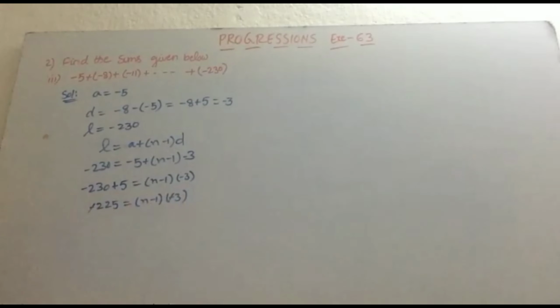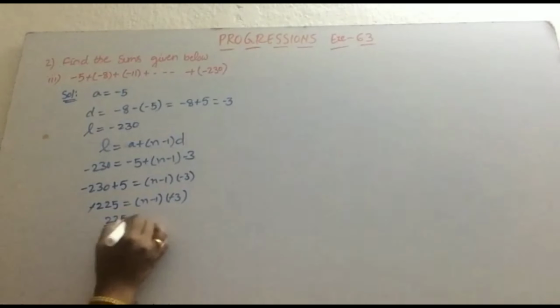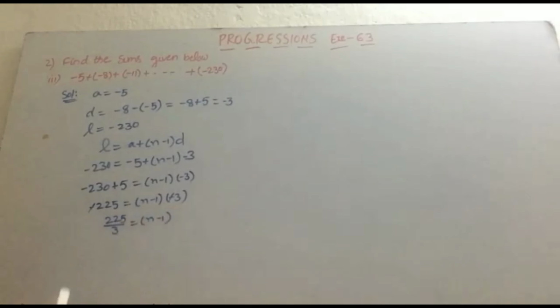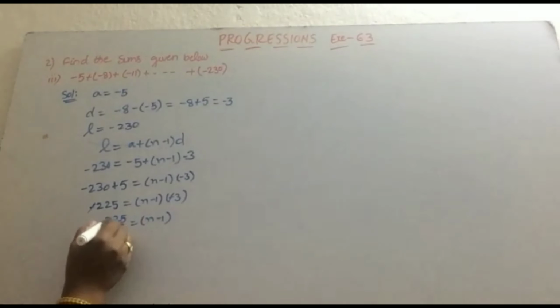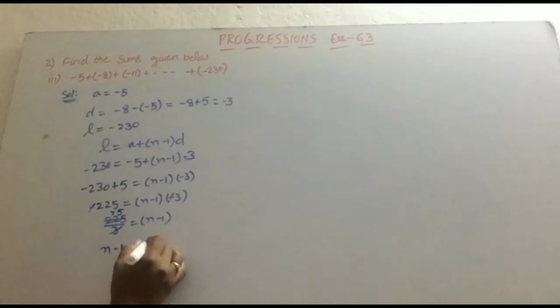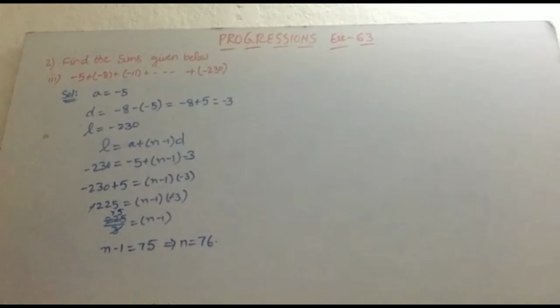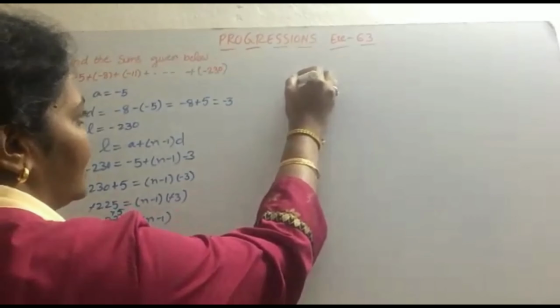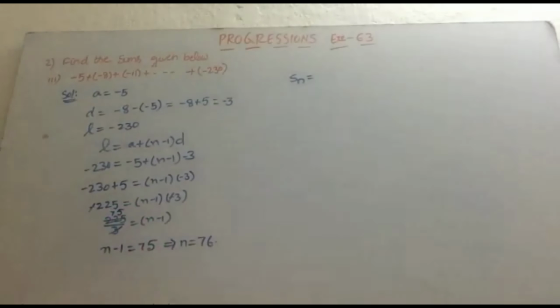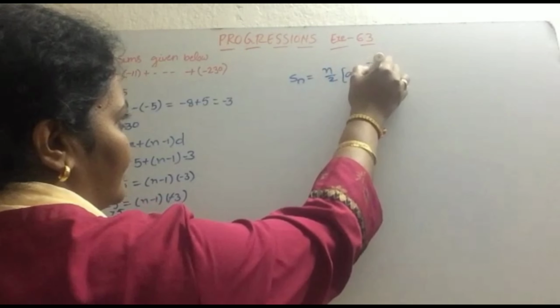This minus and this minus get cancelled. So 225 by 3 equal to n minus 1. So 3 7s are 21 and 3 5s are 15. So n minus 1 equal to 75. That means n equal to 76. Now we will find Sn. So Sn equal to n by 2 into a plus l.